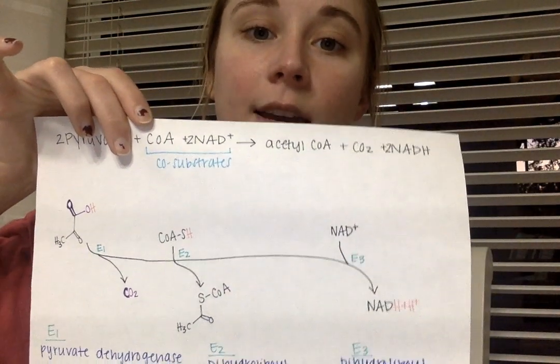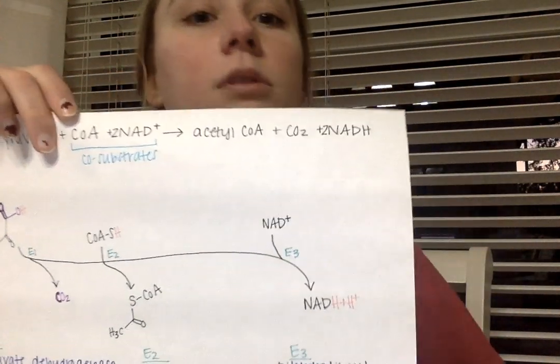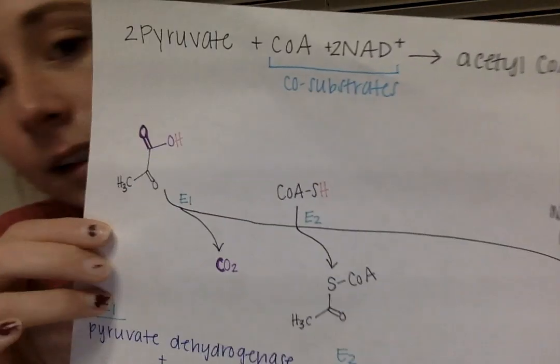So, and then moving on to the pyruvate oxidation. Sorry, I kind of went out of order, but it just happens when you're on camera. So once you have the pyruvate molecules, you undergo the oxidation of pyruvate to get acetyl-CoA molecules that can be inputted into the citric acid cycle.